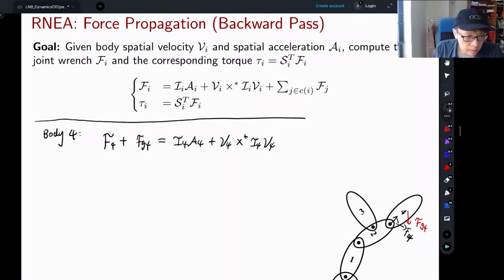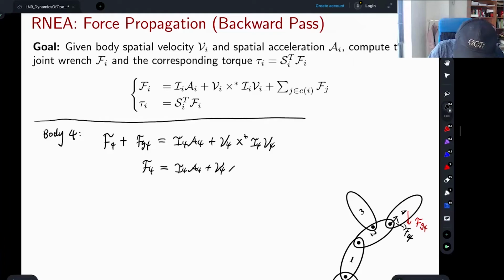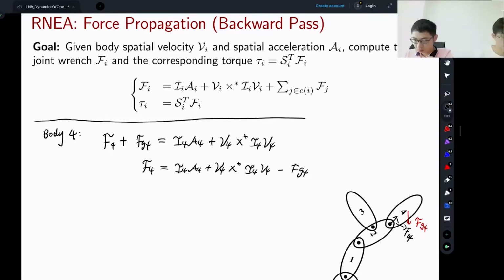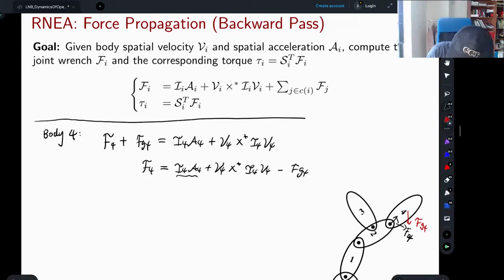That's the Newton-Euler equation. That's why we need V4 and A4. These things are given already, right? So overall, F4 equals I4 A4 plus V4 cross I4 V4 minus Fg4, because everything on this side is known.